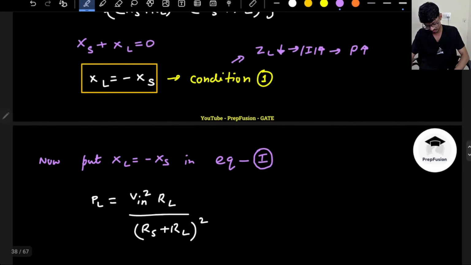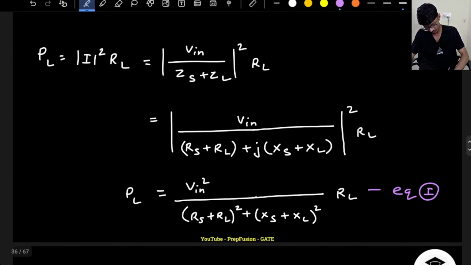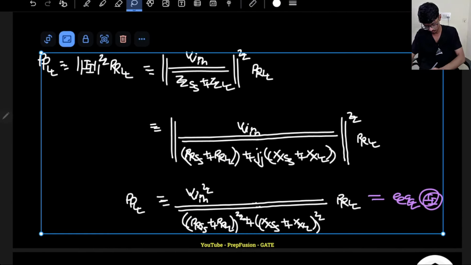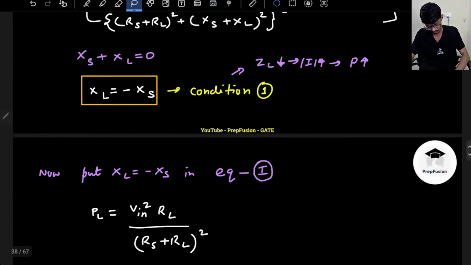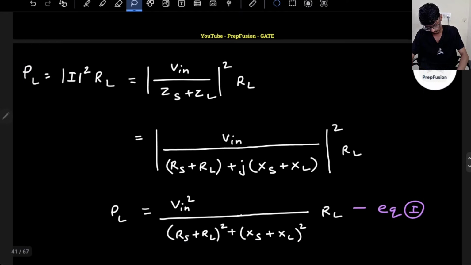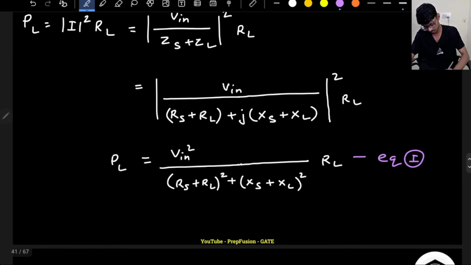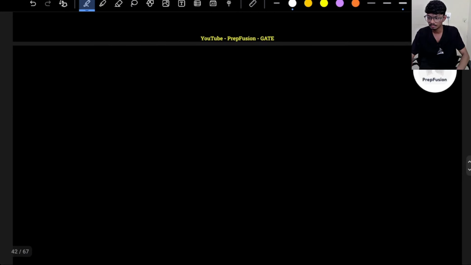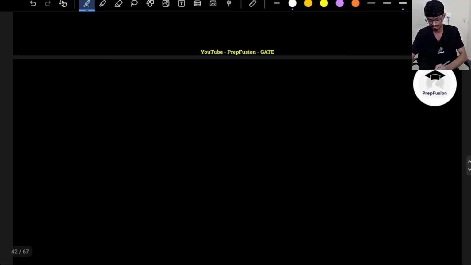So the first things will be same only, this much will be same, this much will not change, right? After this, now I will differentiate from the starting itself with respect to RL, because my XL is constant.